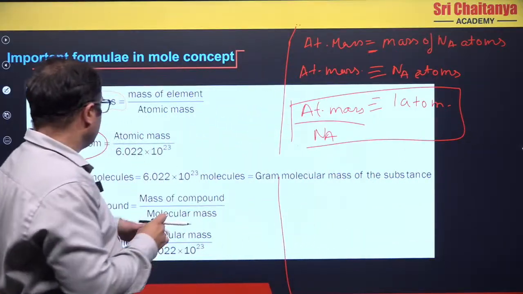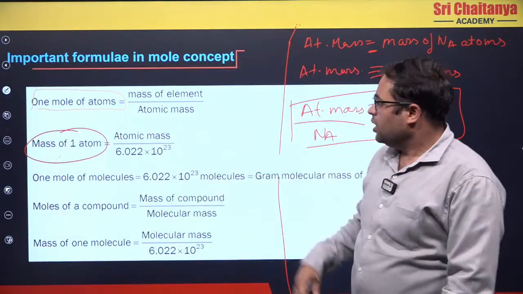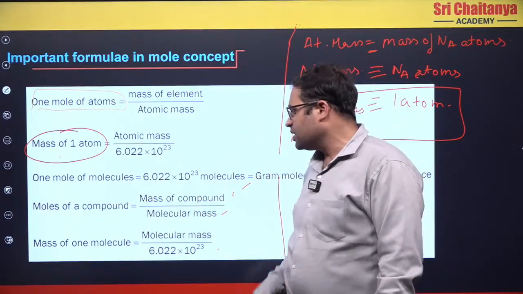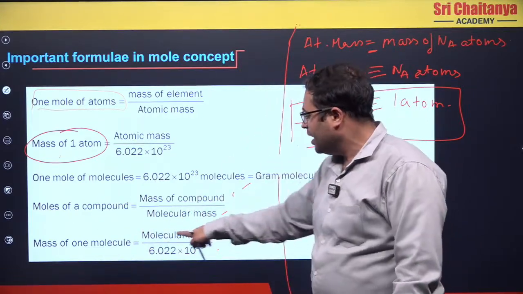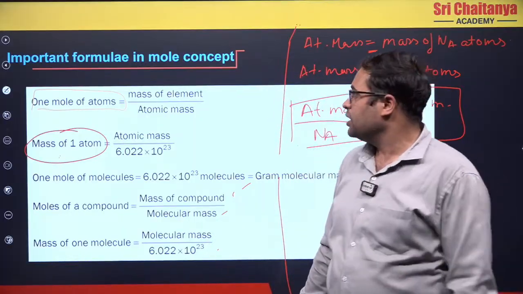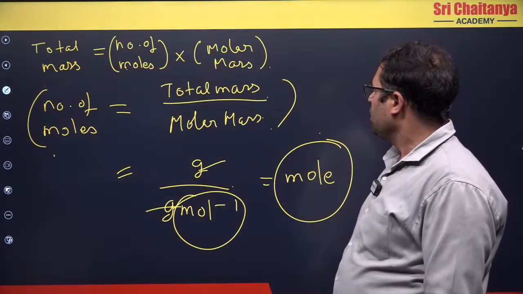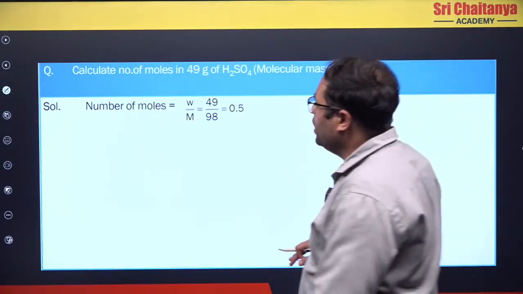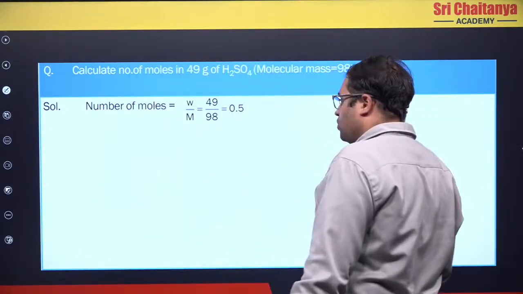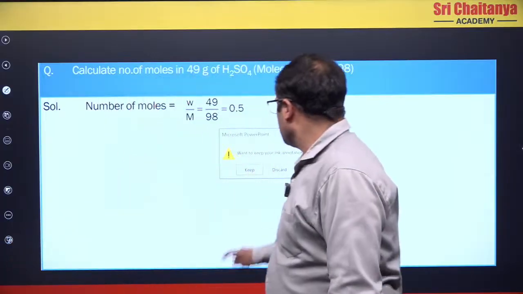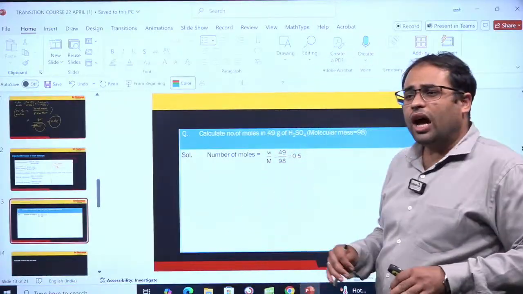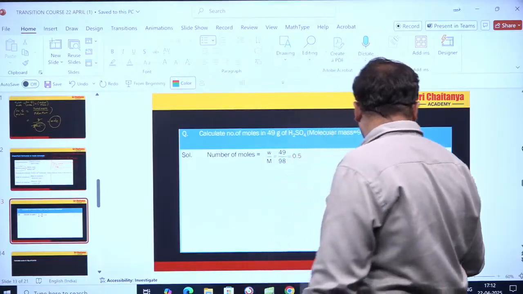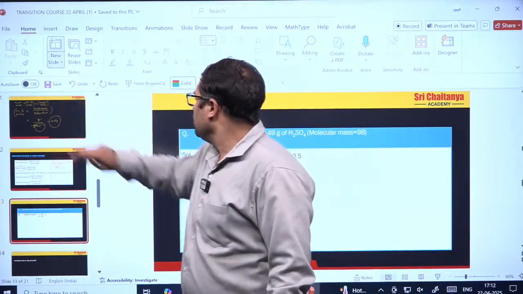Right. So that is the formula here. Same for one molecule, moles of compound, mass of compound, molecular mass. This mass of one molecule, again molecular mass by the Avogadro's number. Right. Now, before I move forward, I want to give you a certain shortcut formula so that you are able to convert very easily moles to mass, mass to moles. Let us get to that.